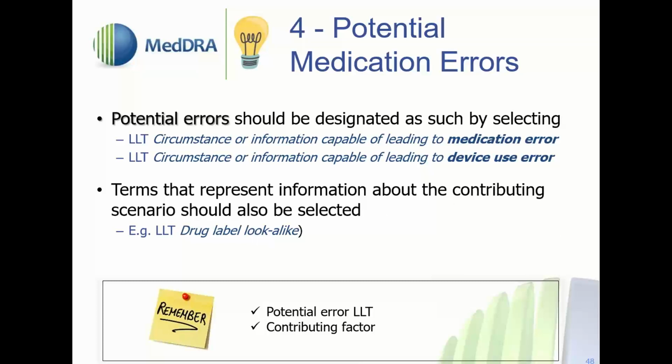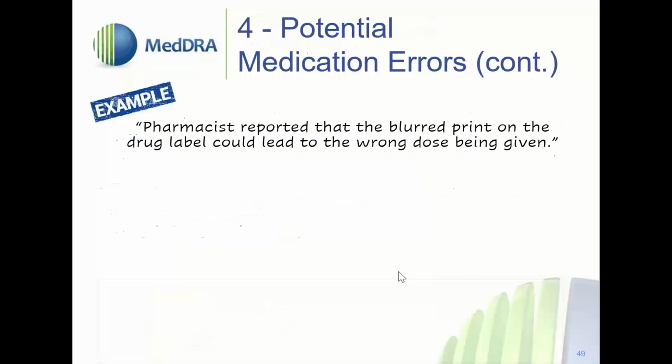So depending on your local requirements, do not omit such information, but capture all the relevant information when receiving similar verbatims and code both the potential for an error by selecting one of these PTs, and then also code the contributing factor or even factors. So just a little reminder there on the bottom.